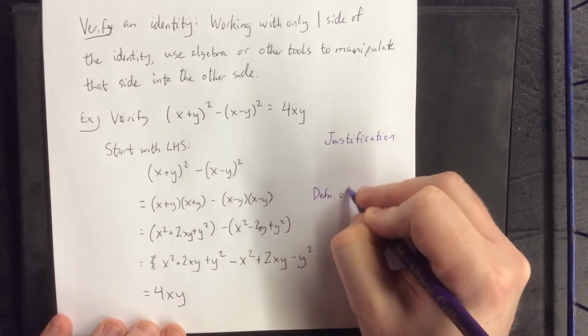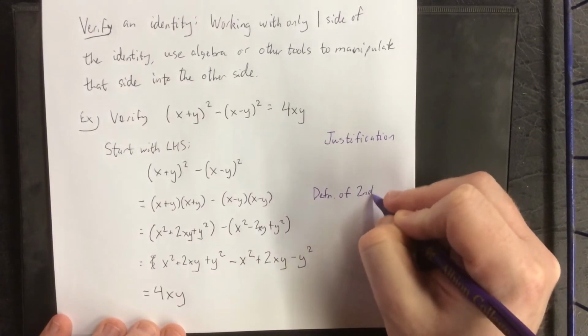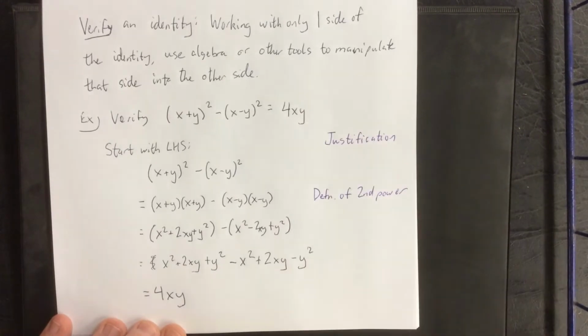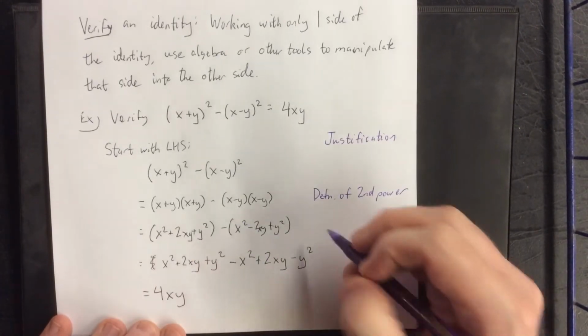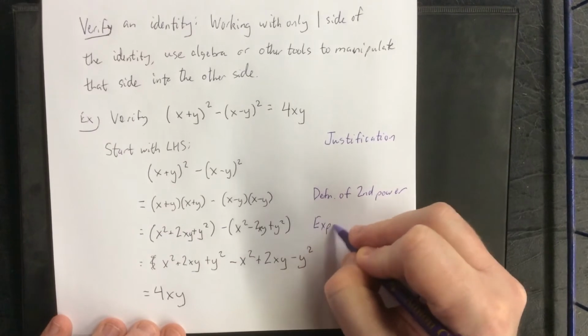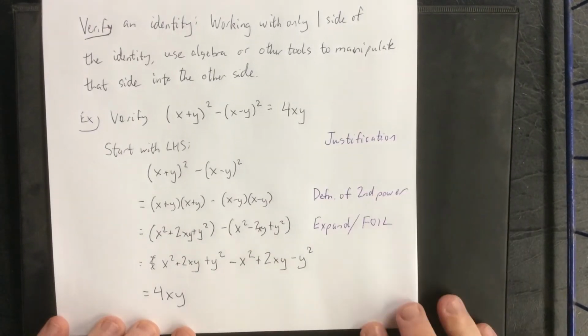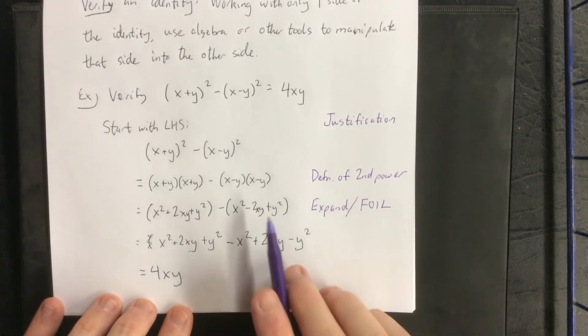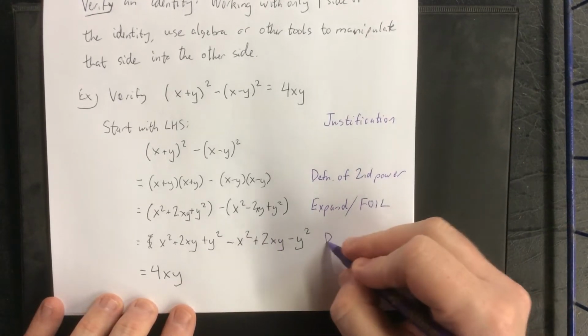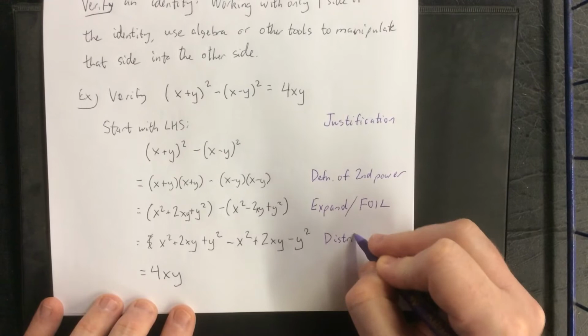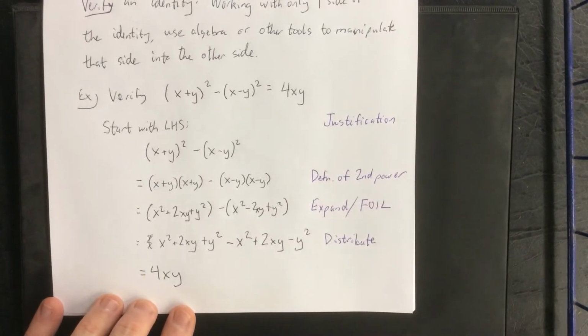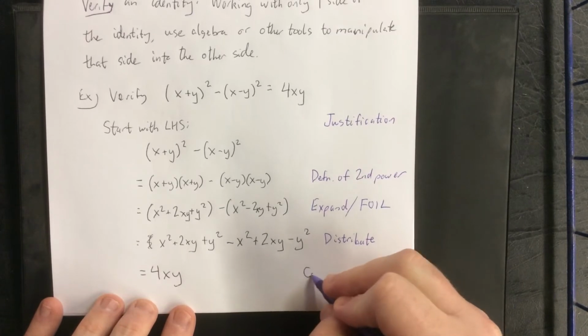That's the definition of a second power, to multiply something by itself. Then we expanded, or if you prefer, FOIL. Going from this step to the following step, we distributed the negative sign. And finally, going from the second to last step to the last line, we combine like terms.